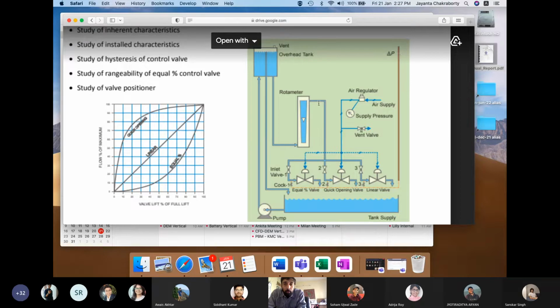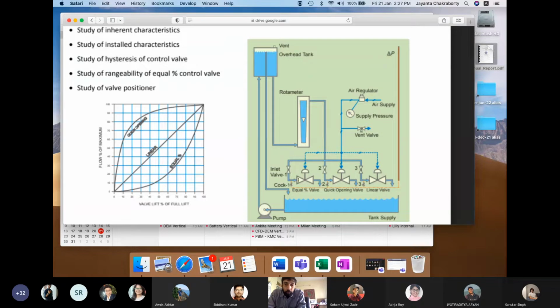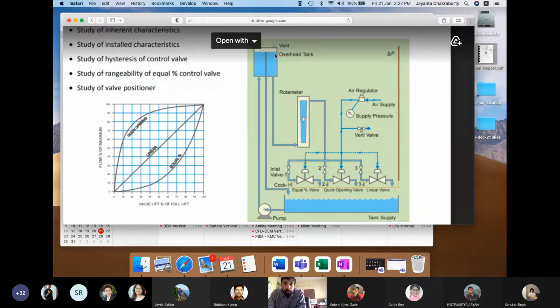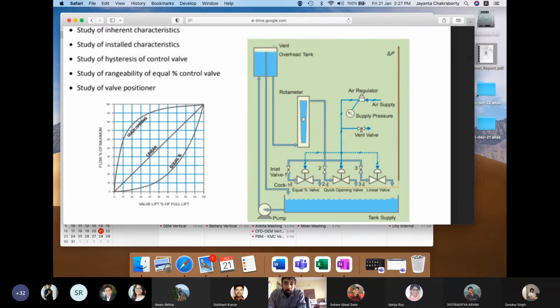The total pressure drop in this line is dependent on flow. So this del P is constant because this is the head and this is the head. But because the loss is different depending on the flow, the inlet pressure is different for different flow rates. That's why you get the installed characteristics when you run without making this pressure drop across the valve constant.